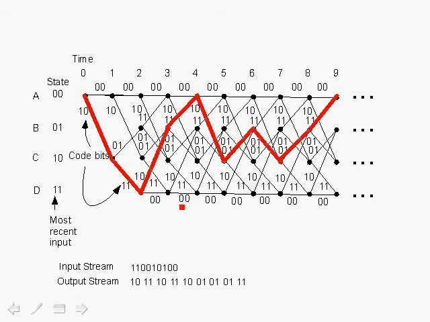One way to decode, given that you receive a stream, is to look at the distance between all the possible paths through the trellis diagram and that particular received sequence, and find the path with the minimum distance, and then assume that that was the actual output stream that was sent, and consequently you can decode the input stream associated with that output stream.